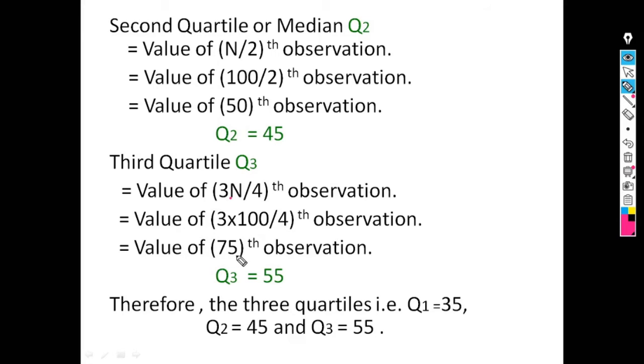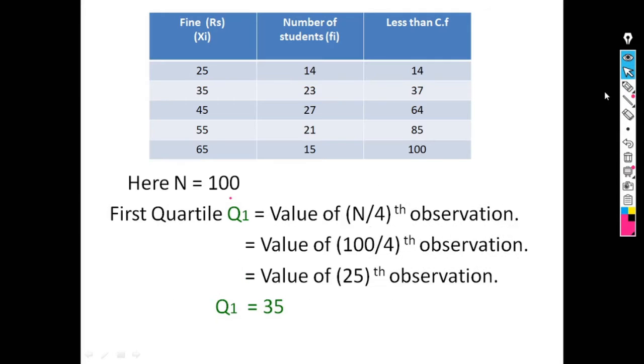For Q3, we have to check the less than type cumulative frequency which is just greater than 75. Now this 14 is less than 75. Then 37 is also less than 75. Now this 64 is also less than 75.